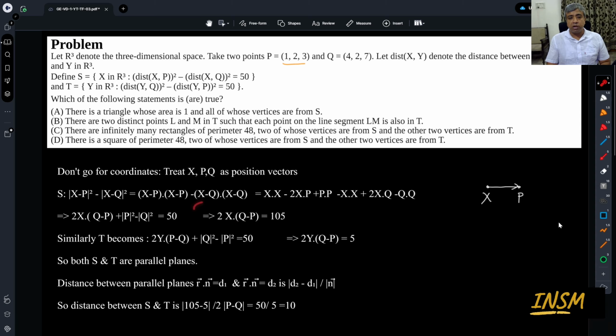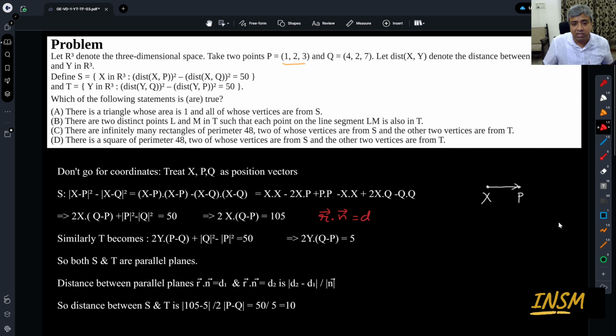Now this is the equation of a plane of the form r dot n equals d. This x is your r, this q minus p will become vector n, and this is your d.